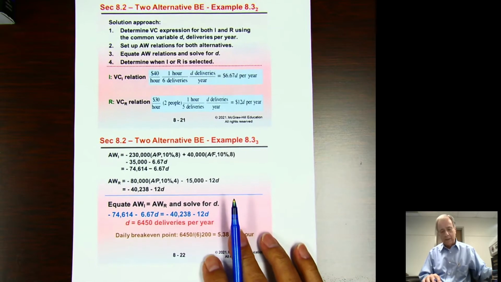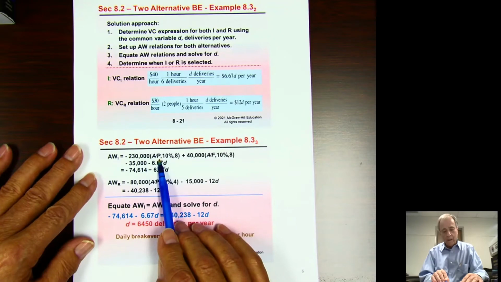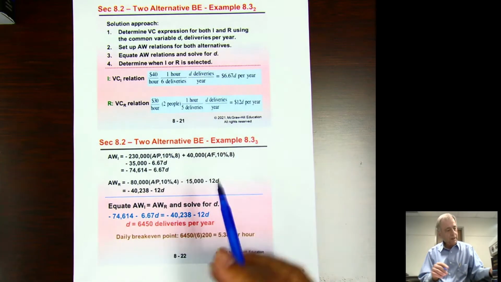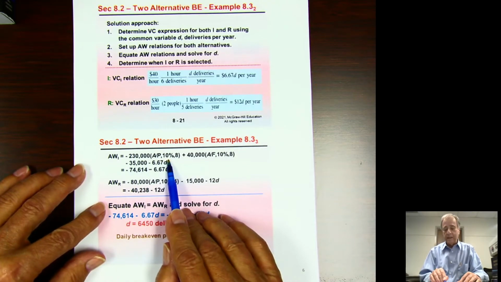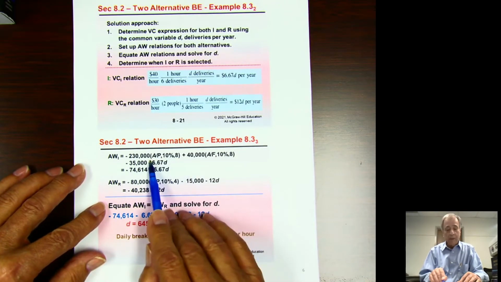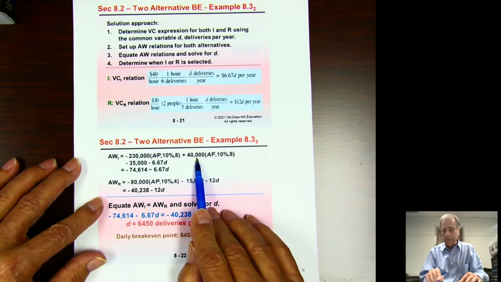Recall that the price of the Inspira drone was $230,000, and it lasted 8 years at, I'm sorry, at 10%. But it has a salvage value of $40,000.